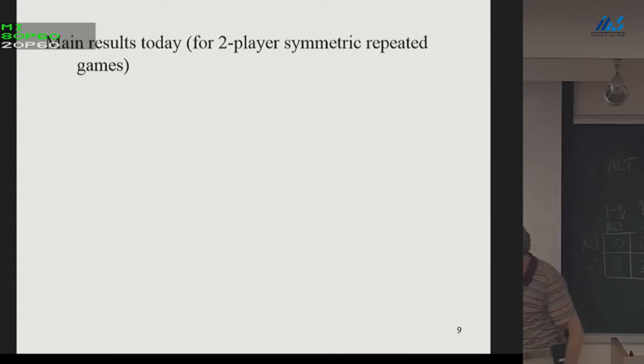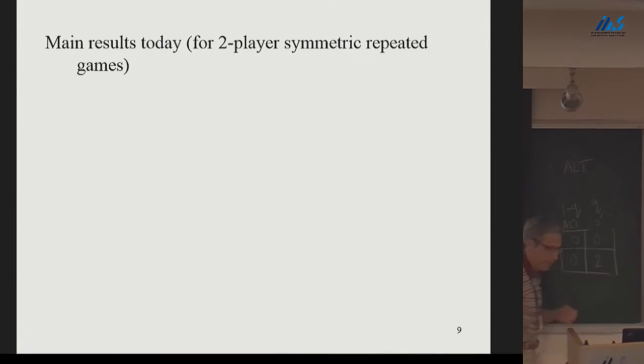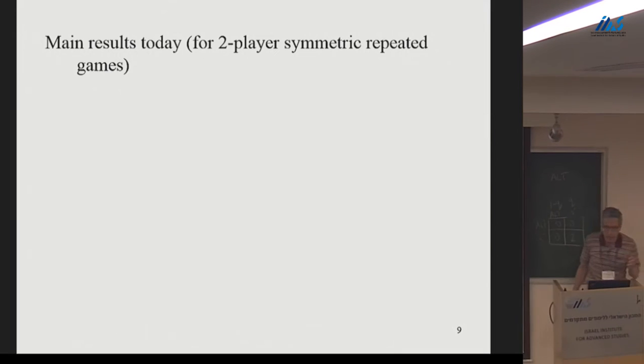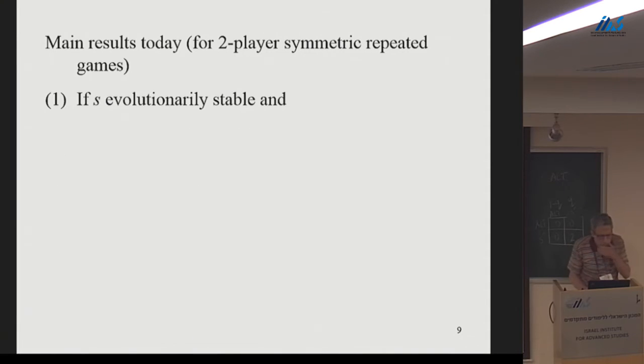So what I'd like to do from this example is to generalize the logic and talk about two-player symmetric repeated games. Now, the two-player part actually is not so important. Basically, everything I have to say could be done for n-player games, but the symmetric part is important, and you will see why later on.